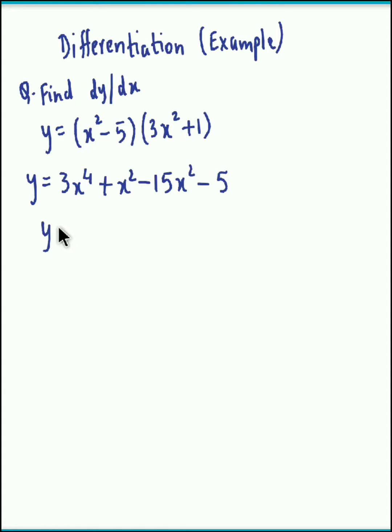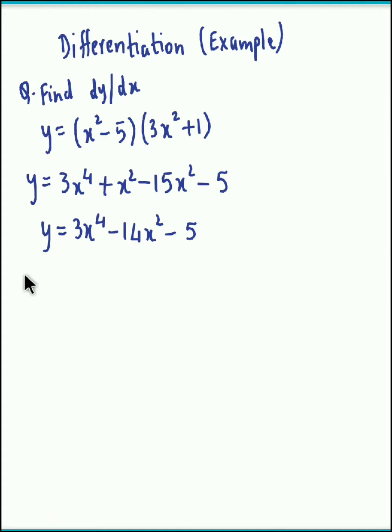So we have y equal to 3x⁴ plus x² minus 15x², that is −14x² − 5.